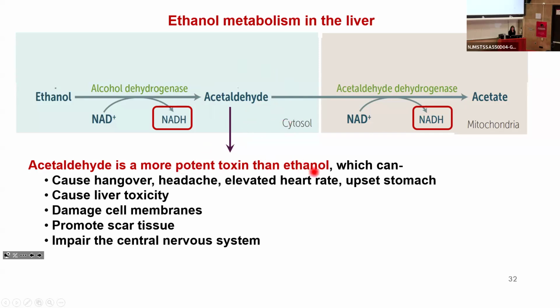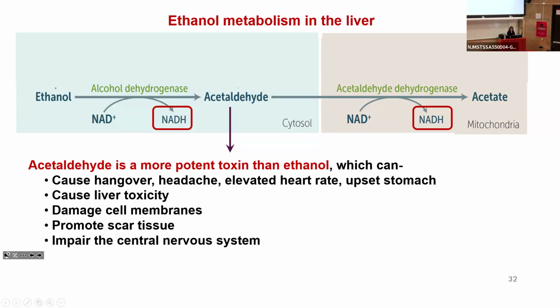It's a more potent toxin than ethanol itself. It causes all the deleterious effects if you imbibe too much: hangover, headache, elevated heart rate. It can ultimately cause liver toxicity if you abuse how much ethanol you take in, and it can damage cell membranes, promote scar tissue, and impair the central nervous system.